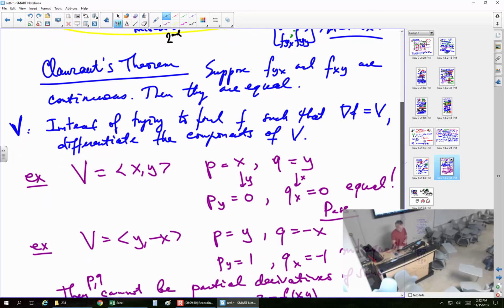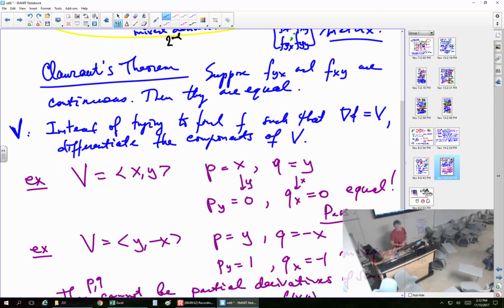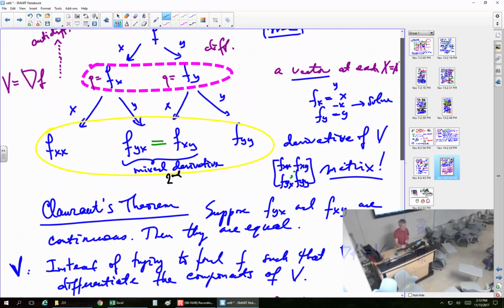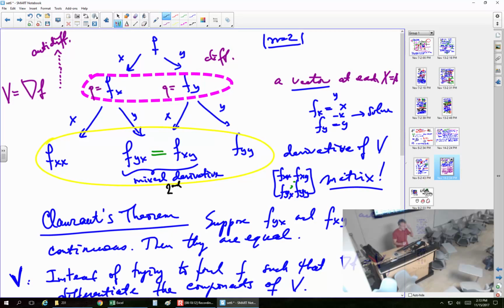So in this example, you assume that you have a vector field, and suppose it is a gradient vector field. Then you can verify whether or not those derivatives match.